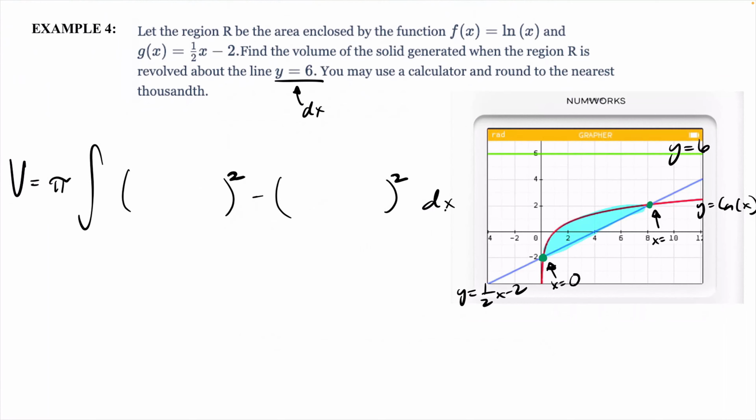So for those, I got 0.1456, and the other one I got 8.2109.